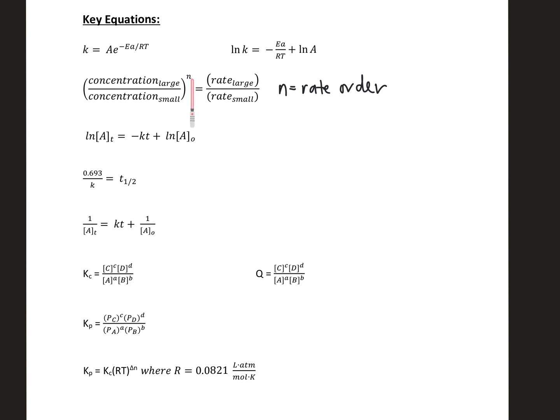If you observe the concentration doubles, you would expect to see the rate doubling as well for a first order relationship. Or if we doubled the concentration and the rate quadrupled, that would be a second order relationship.